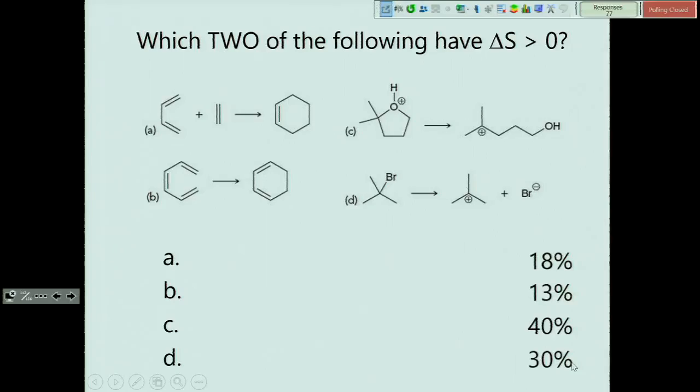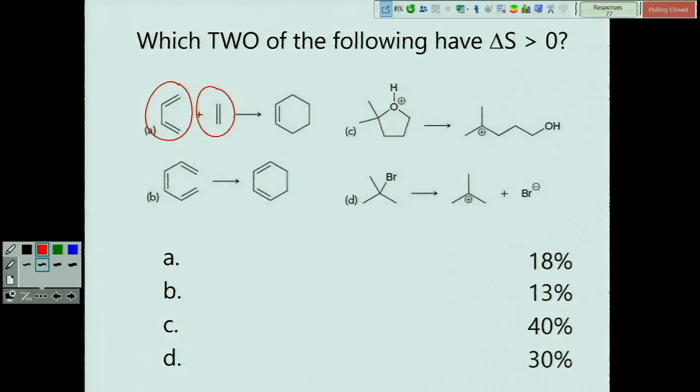There's one product, right? So that is an organization. There's less randomness because these two things, 1 and 2, come together and they're making 1. That automatically comes with a change in entropy that's negative. That would be an organization, right?